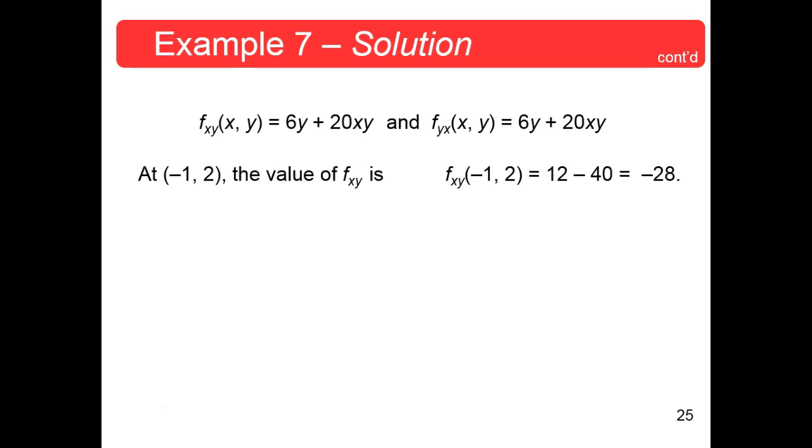Plus 20 times the -1 times 2, which is -40. So 12 minus 40 is -28. That's what you got, right? Okay. All right.